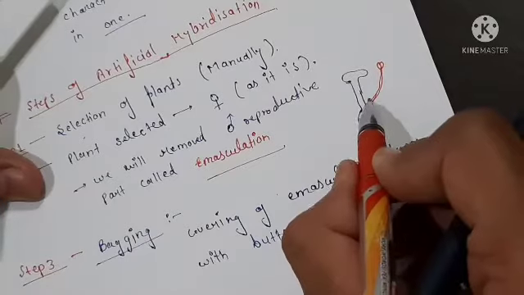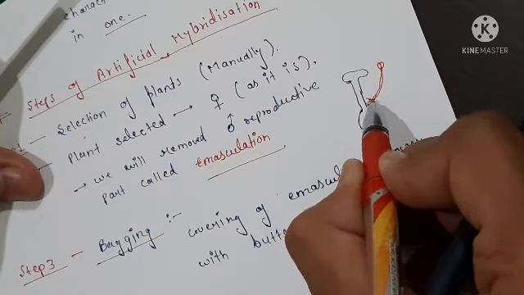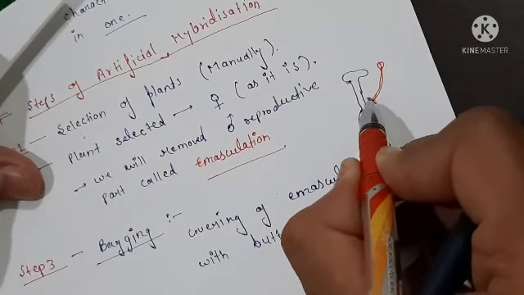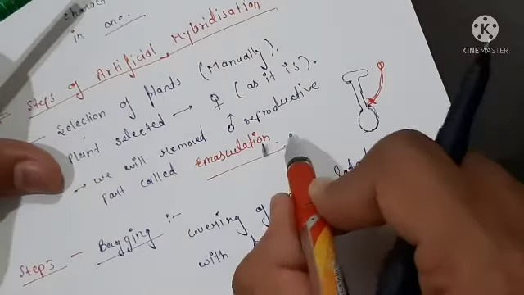So in emasculation we cut the anther from the flower. We will remove the anther, and this process is called emasculation.